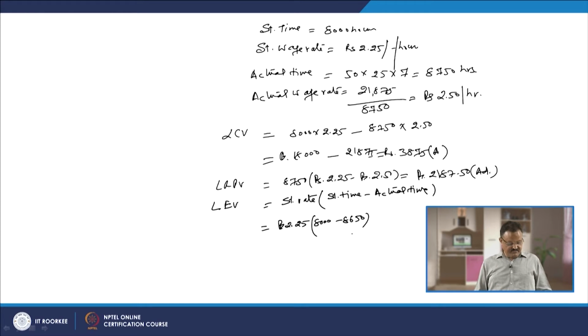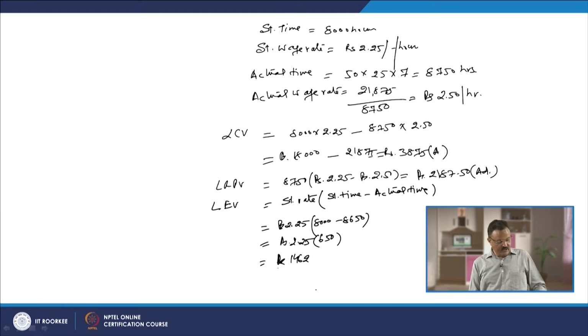If you calculate this variance this way, it will work out as rupees 2.25 into 650. If you multiply the 2.25 with the 650, this will work out as 1462.5, right, and this will come up as adverse.